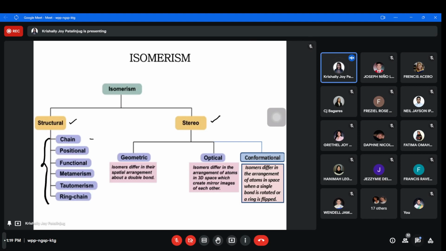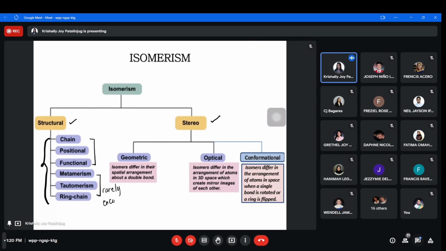Yung first 3 dyan, yan yung mga pinaka-common. Commonly encountered, kumbaga. Commonly encountered structural isomerism is yung chain, positional, tsaka functional. Whereas yung last 3, remaining 3 types of structural isomerism, ito naman are rarely encountered.